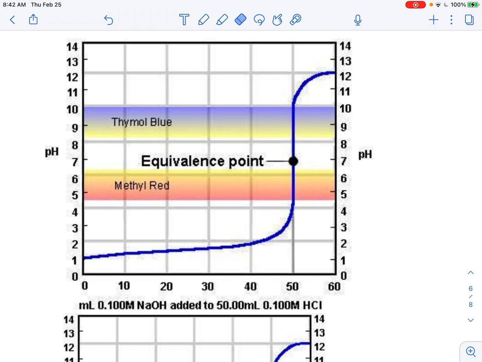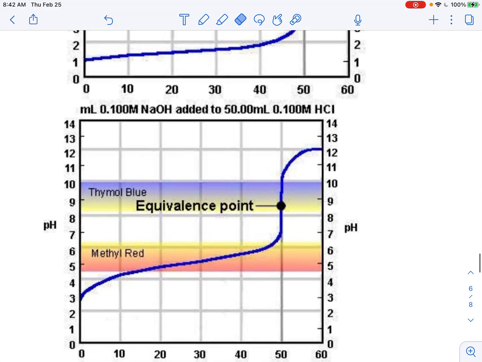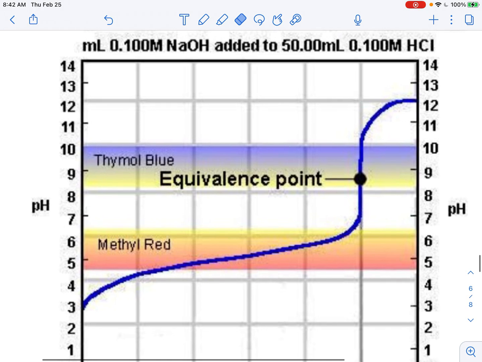So there is that. Now, where you get into trouble is where you start shifting the titration curve up or down a little bit if you're talking about a strong, weak situation. So if you're talking about, for instance, this guy here, thymol blue works great as an equivalence point here because it is on the vertical portion of the graph.